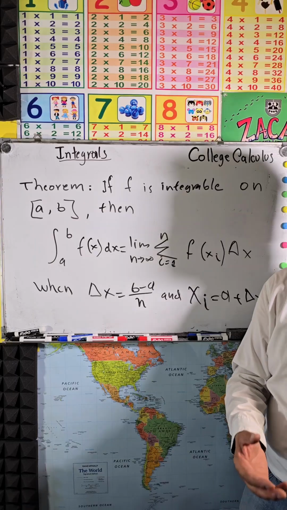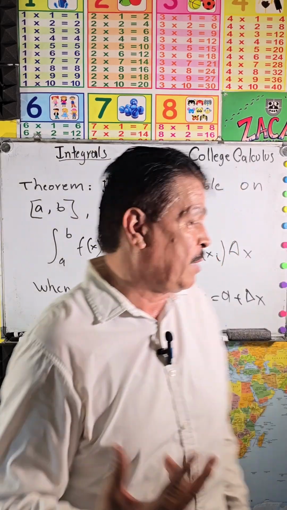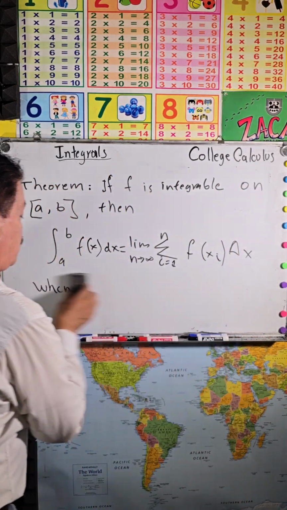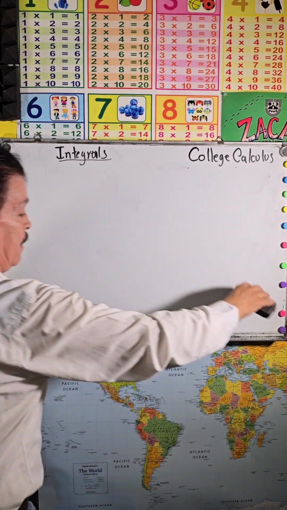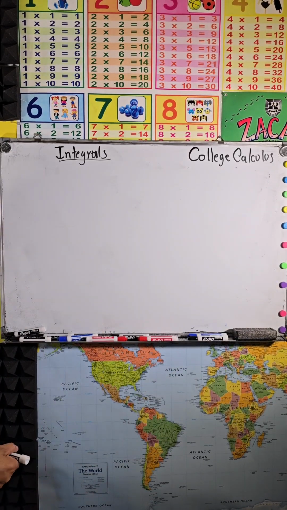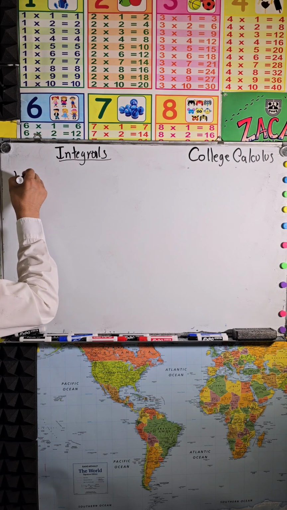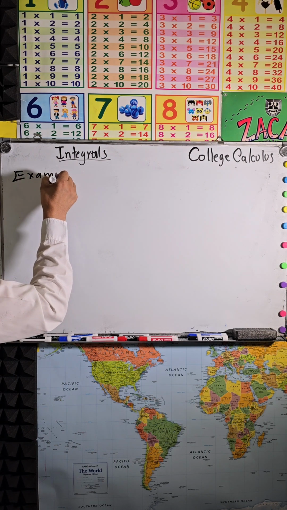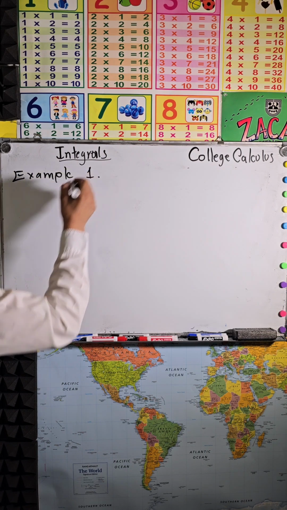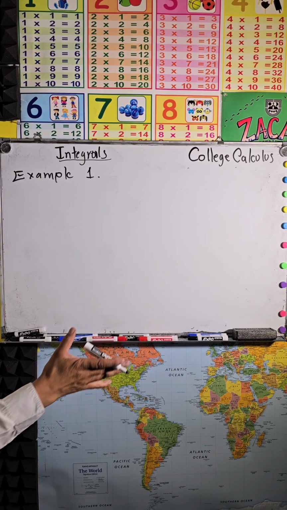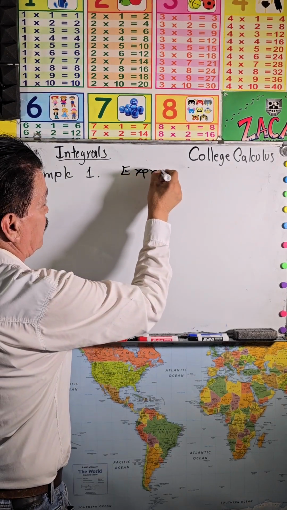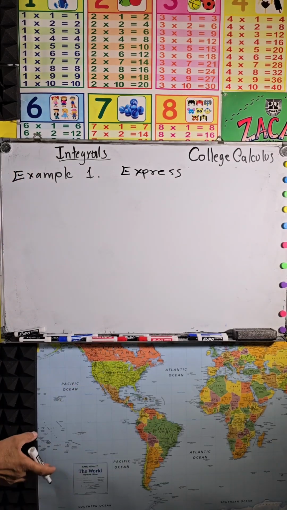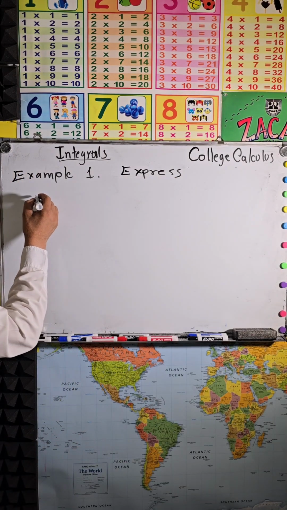I will solve a couple of problems, all right? This is a theory concept. Let's go, and then let me write one problem. Example 1. In this problem we have to express this limit.